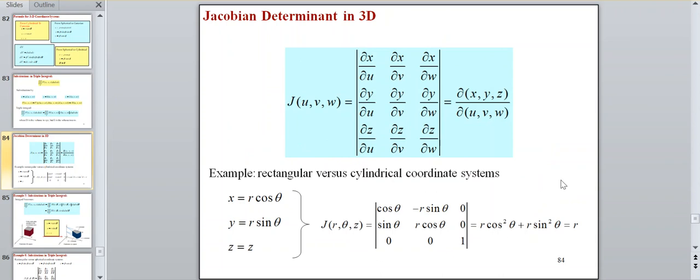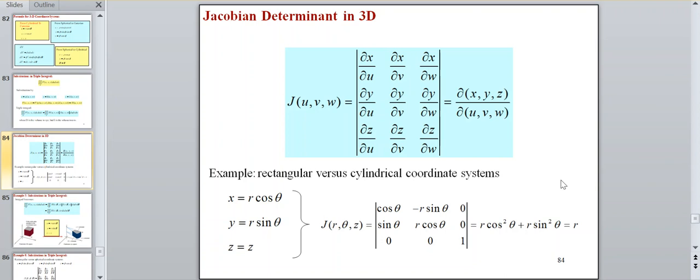Look at here. If you remember, last time we talked about the triple integral in cylindrical coordinate system. But when we say triple integral in cylindrical coordinate system, actually we are using cylindrical coordinate system for our substitution.